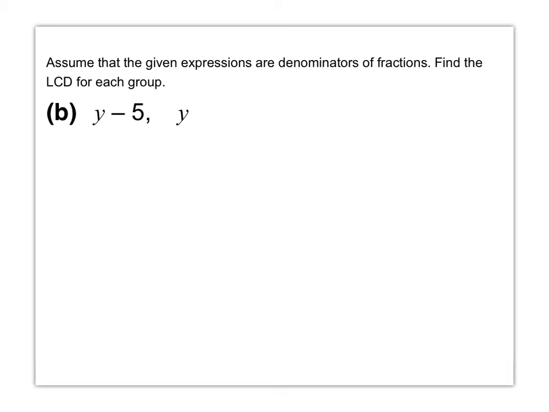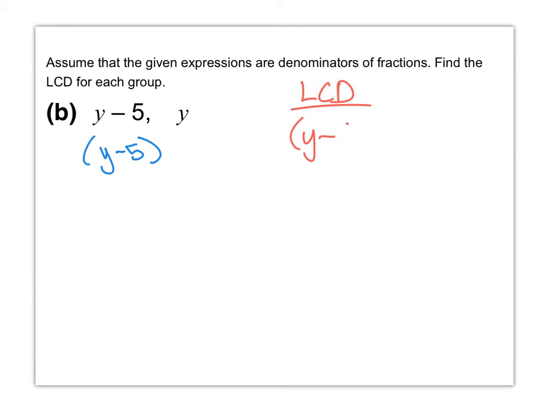Alright, in this one we want to assume that the given expressions are denominators of fractions. Find the least common denominator for each group. The first term is y minus 5. Since that is in itself a factor, that has to be part of our LCD.